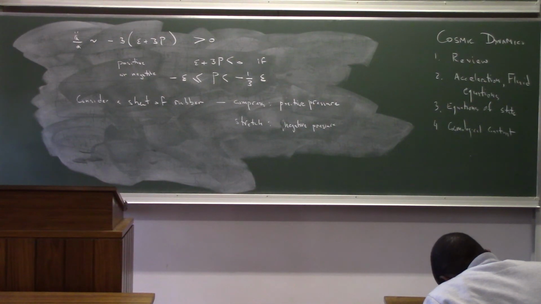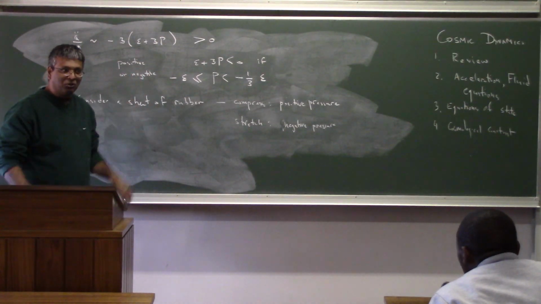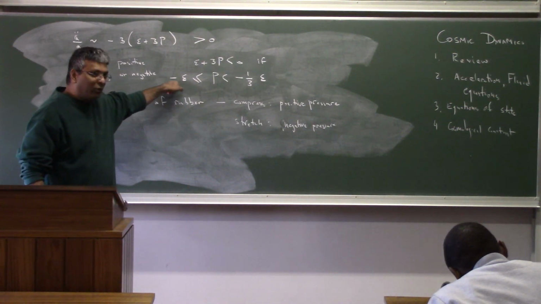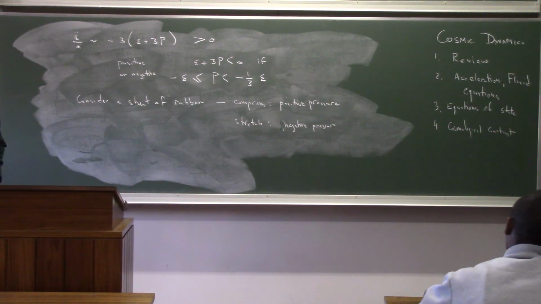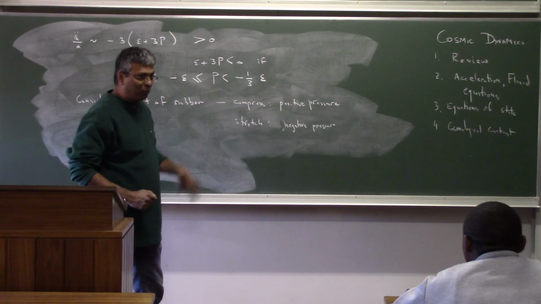So in order to form wormholes in general relativity, for example, you need to violate these energy conditions. So these are sort of unphysical solutions to general relativity. I'm not going to explain why this is true, but it's true that there's a lower bound on the pressure. But nothing in principle is unusual about pressures being negative.